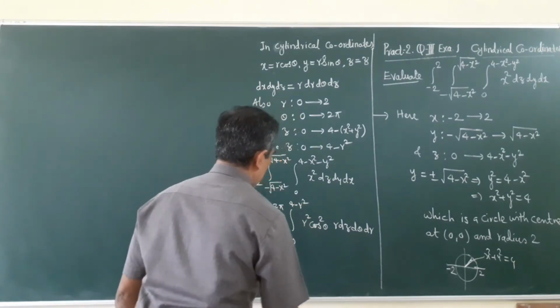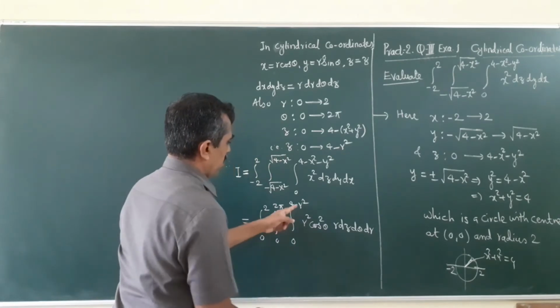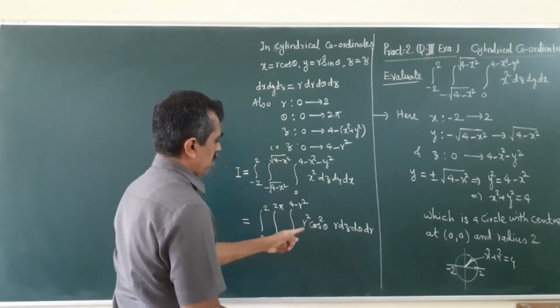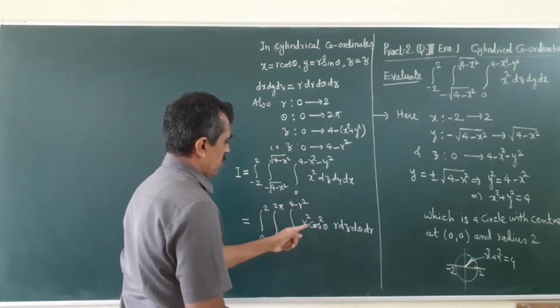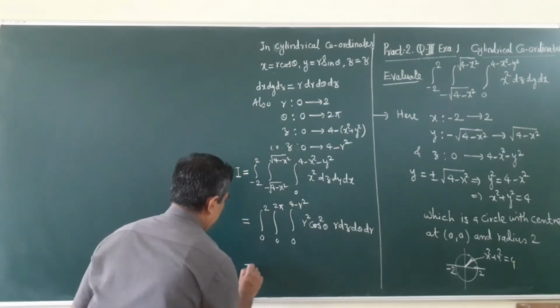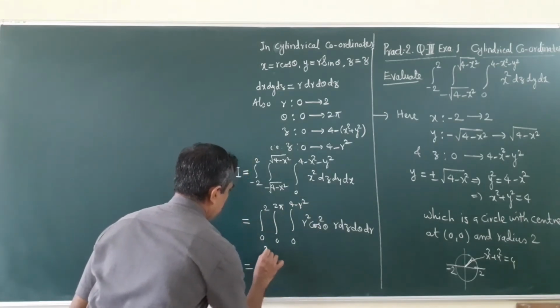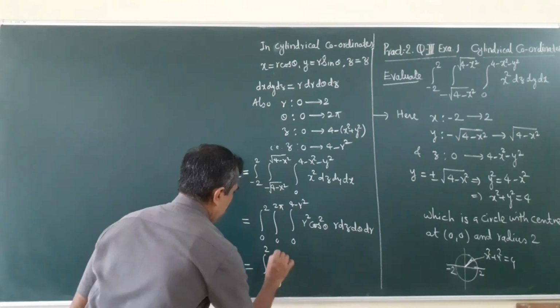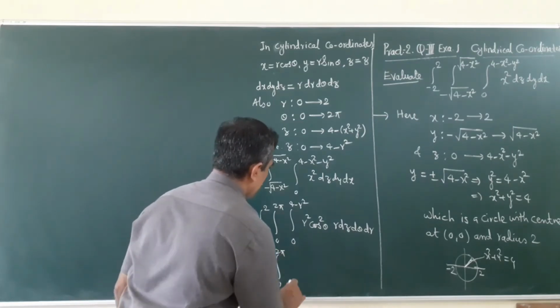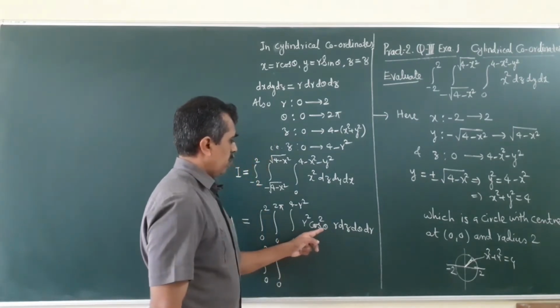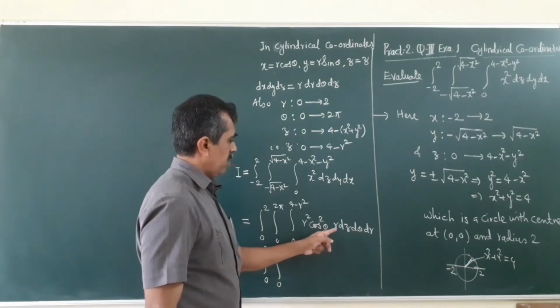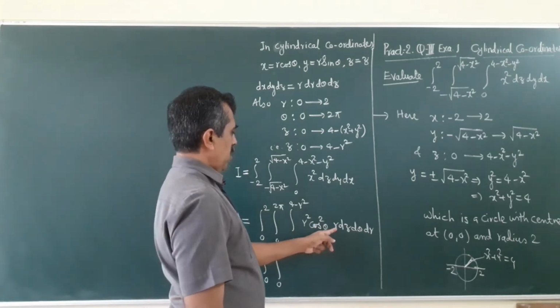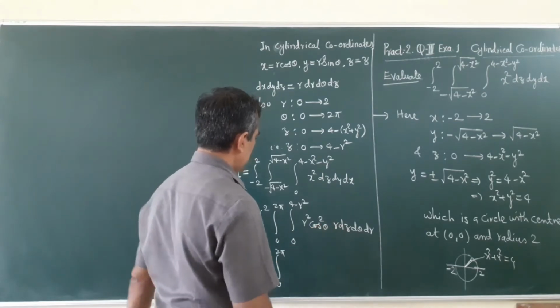So remember these are the limits of z. So this is equal to integral 0 to 2, integral 0 to 2 pi. Now this r cube cos square theta has nothing to do with z.